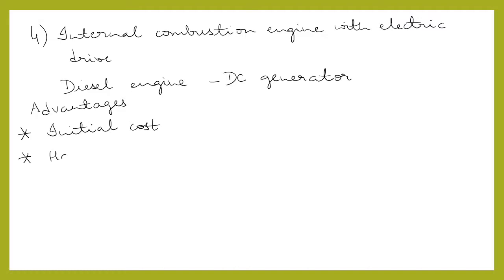The haulage capacity is high compared to steam locomotive. There is no need of extra time to start up the engine and put it on service, like the case of steam locomotives.